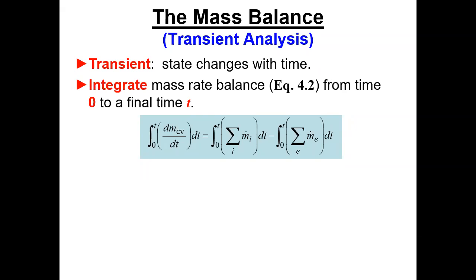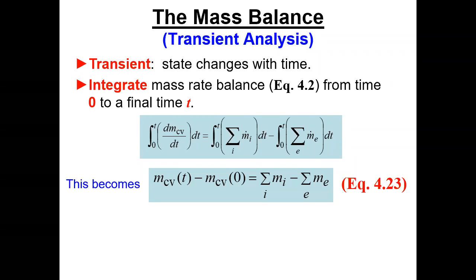But the biggest thing to remember is that this dm_CV/dt is not 0. You can't throw it away like we've been doing. It kind of changes your thinking. You're filling up something, you're emptying something, you've got more mass coming in than going out, or something like that is going on. You have to put on your transient hat instead of your steady state hat and allow that into the problem for you.